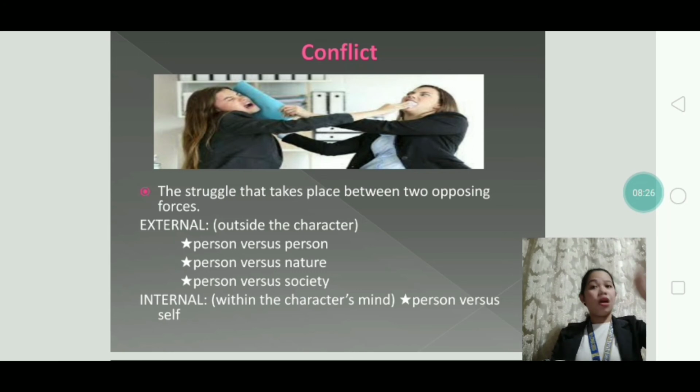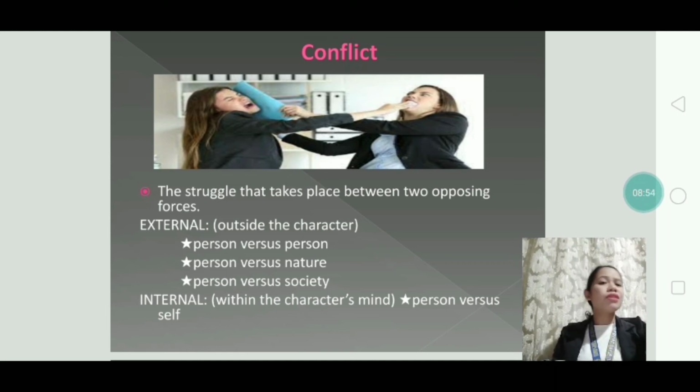Okay, conflict. The struggle that takes place between two opposing forces. There are two types of conflict. Take note of that. First is external, outside the character. Along the external, we have person versus person, person versus nature, person versus society.